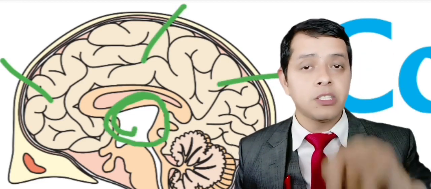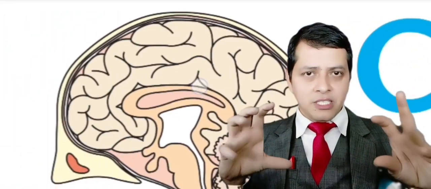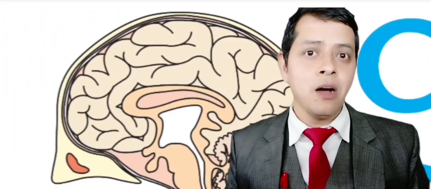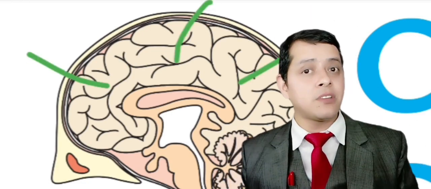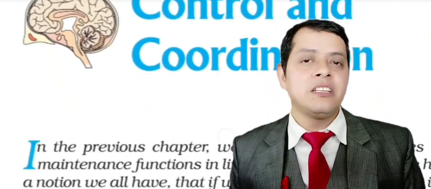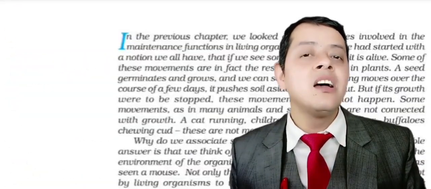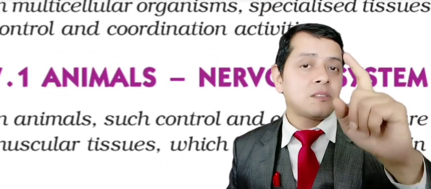Peripheral nervous system consists of the nerves arising from the brain and the nerves arising from the spinal cord. The nerves arising from the brain are called cranial nerves, whereas the nerves arising from the spinal cord are called spinal nerves.